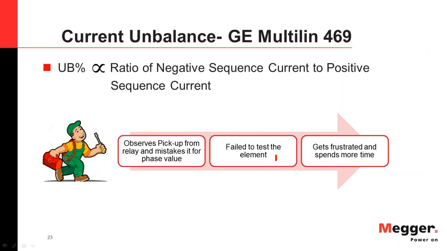He gets frustrated and spends more time thinking about why his relay is failing on that element. But if he had known the concept of sequence components, he could have directly applied the negative sequence current, gotten the proper setting, gotten the proper testing done, and passed the test. So now you see the importance of knowledge of sequence components. That's how it works out in the field.